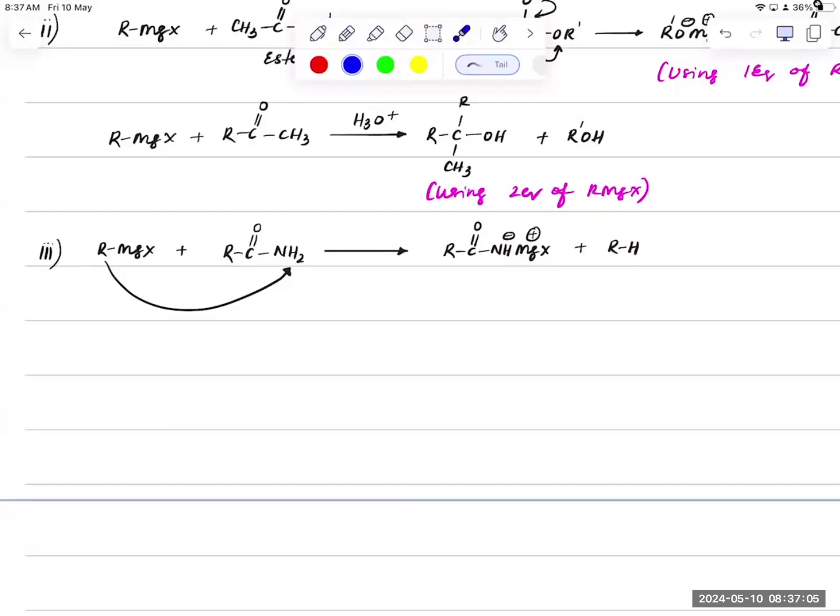If the acid-base reaction is not possible, then the other reactions would happen. As long as the acidic hydrogen is present, that is the first priority which we need to check.